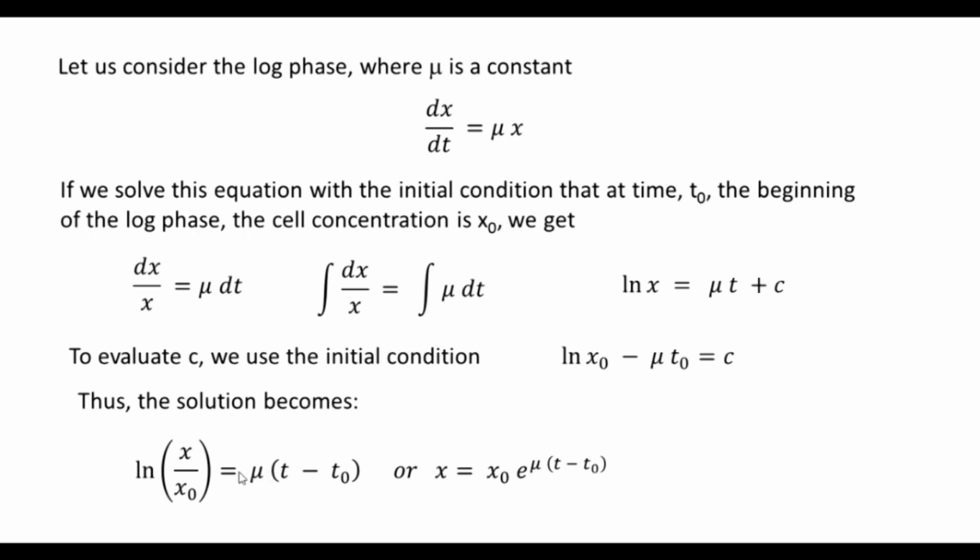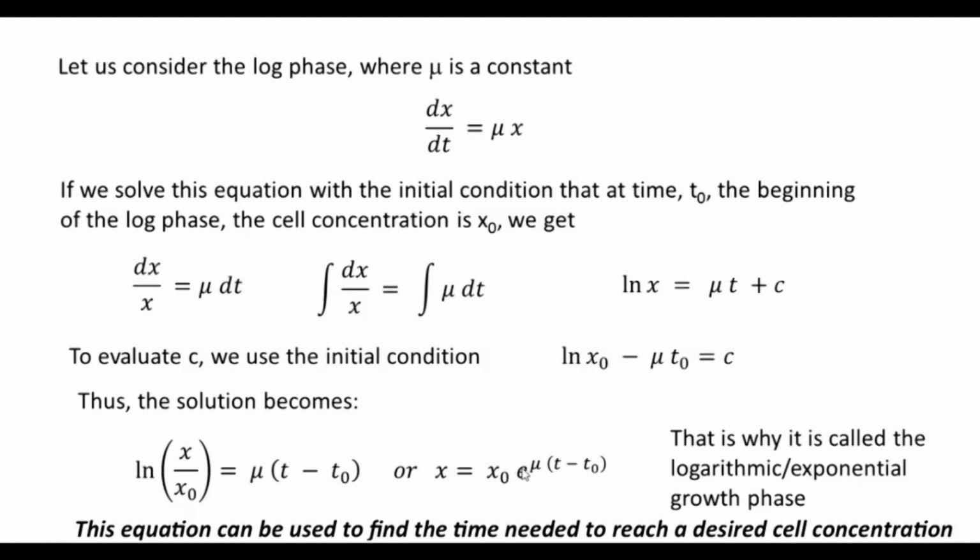And therefore, ln x by x naught equals mu into t minus t naught, so x equals x naught exponential of mu into t minus t naught. This is the description of the variation in cell concentration x with time.